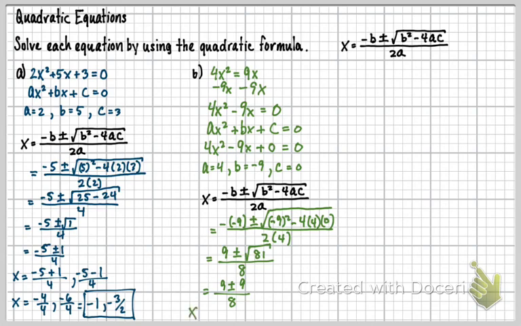So for both of my answers, I'm going to get 9 plus 9, which is 18, so that's 18 over 8, comma. The other one is going to be a minus, so 9 minus 9, which is 0. So I'm just going to write 0 for that.